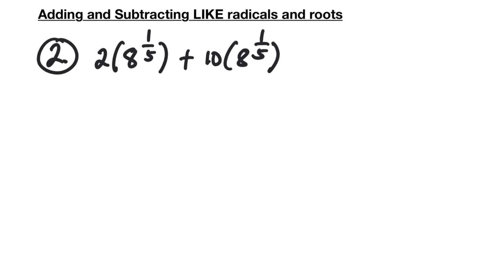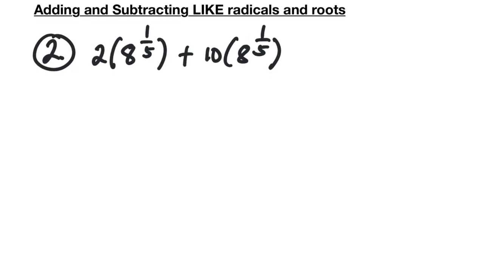Okay, so here's another one. If you're going to be looking at this one, 8 raised to 1 over 5 is actually a common term in here. So these two are actually very common. They are like terms, okay? But if you would like to look at it in its radical form, the radical form of that is going to be 2 times the fifth root of 8, okay?